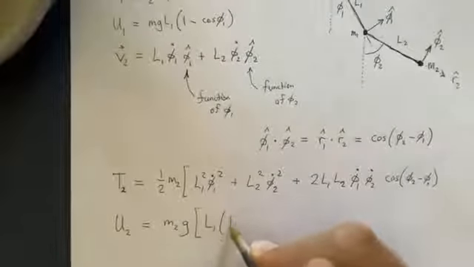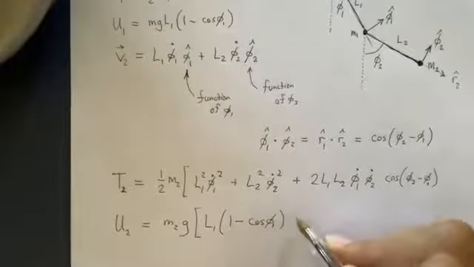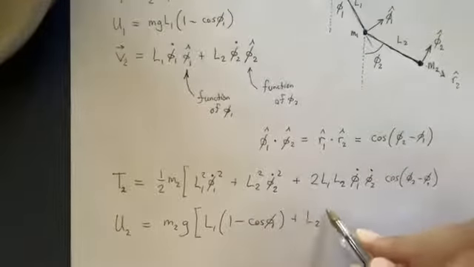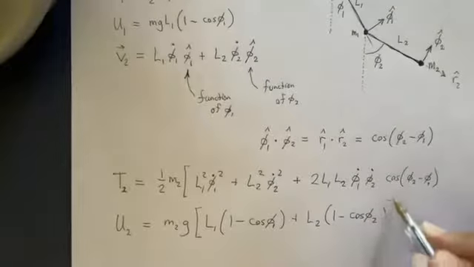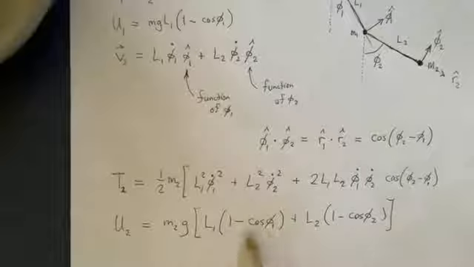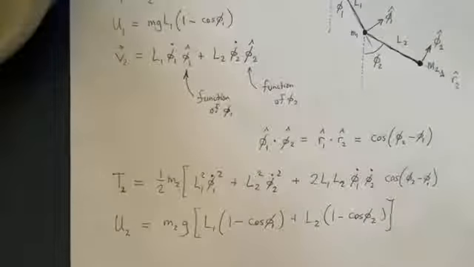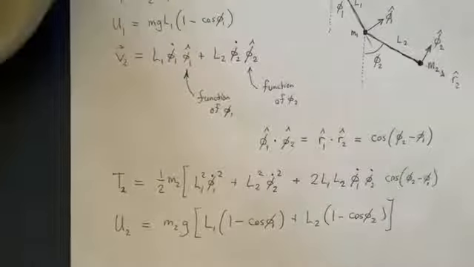We have the L1, 1 minus cosine, like so. And again, this is a familiar construction. The 1 minus cosine here tells you how far you have moved vertically above the equilibrium at the very lowest point. We need this L1 factor. For the other portion of the pendulum with the L2, we have L2 times the 1 minus cosine.